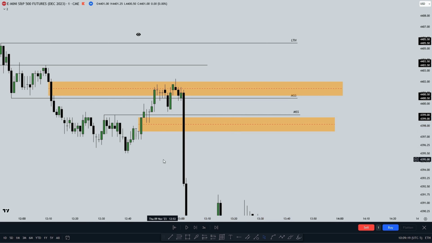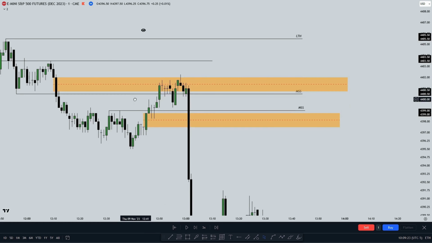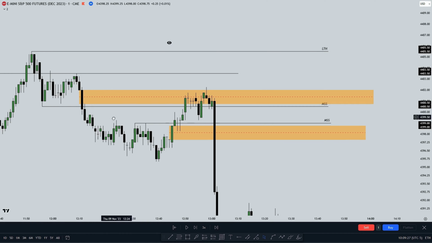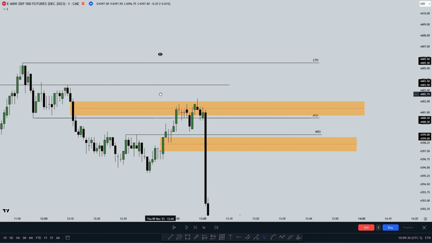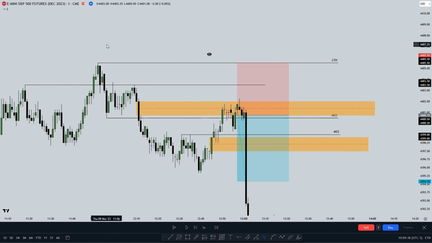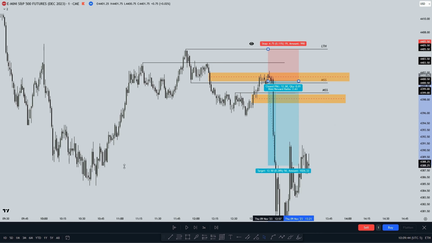And then price comes up and touches this market structure shift right here within this fair value gap. So if you were to take a trade entry, you could short at the bottom of the fair value gap, put your stop loss at these long-term highs, because we want to see this not get traded to, and then target these lows down here.